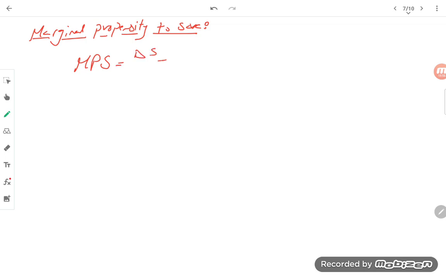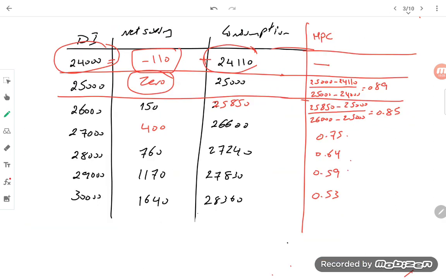Also, the slope of saving function is known as marginal propensity to save, which is calculated as a change in savings over a change in disposable income. Returning back to our example, it will be 0 minus negative 110 divided by 1,000, which is the difference between 25,000 and 24,000.